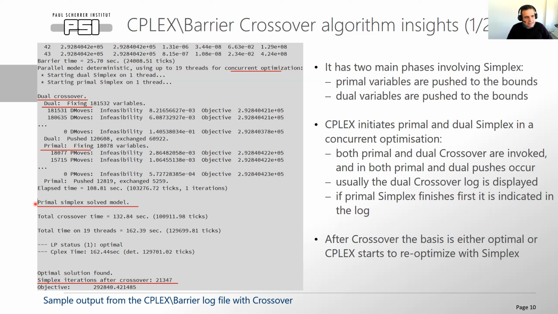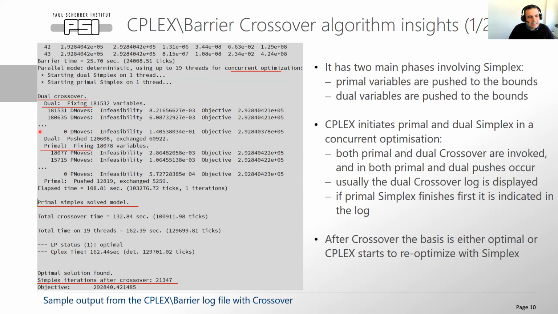It is quite important that there is also a second step after the pushes, because after the pushes finish, the basis is either optimal or a little bit of re-optimization is needed.